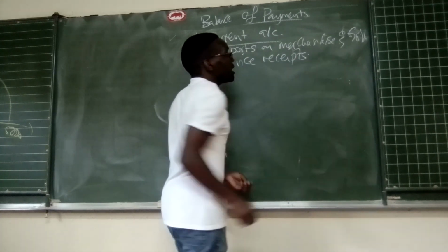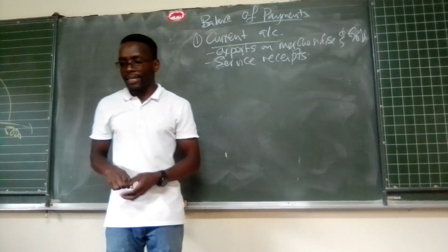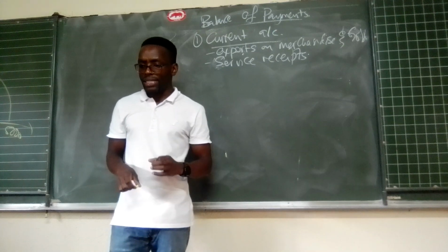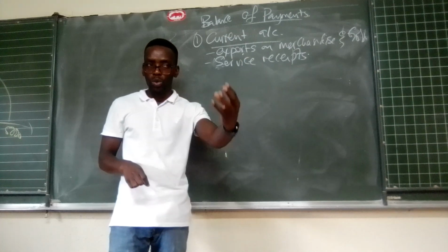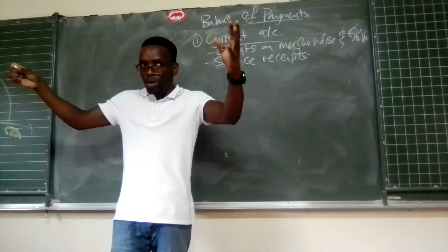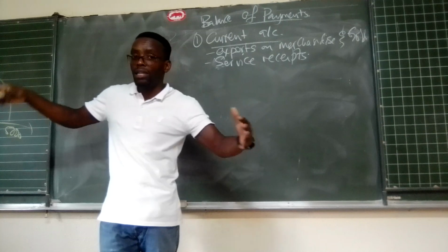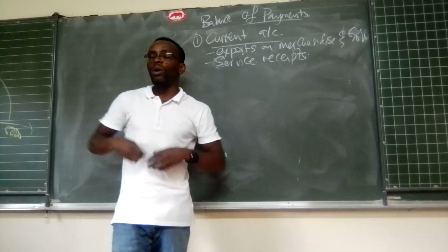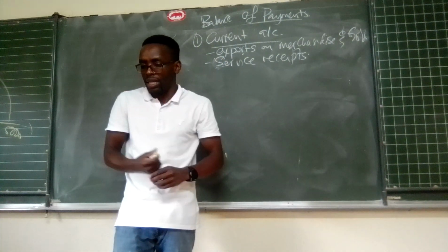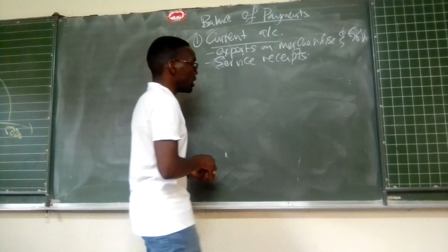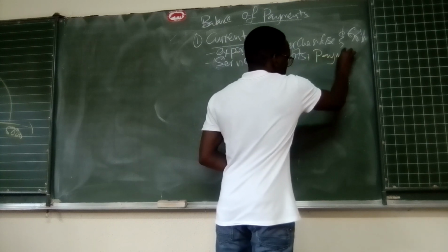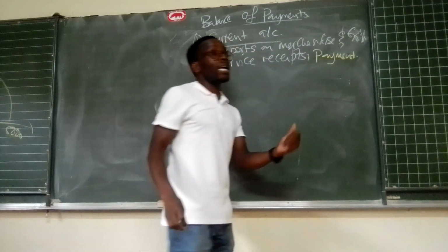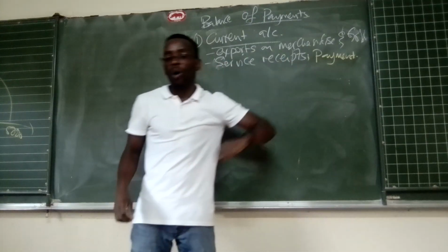Okay, now when we talk about service receipts, we are saying these are monies that we have received from the rest of the world when we rendered a service, when we gave them a service. Okay, we also don't only record receipts, we also record payments for the services. So our current account is going to also record service receipts as well as our payments.